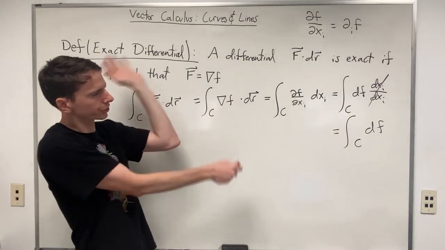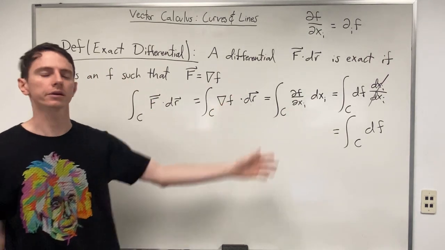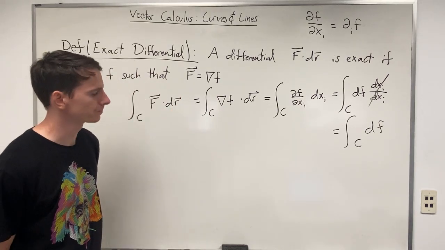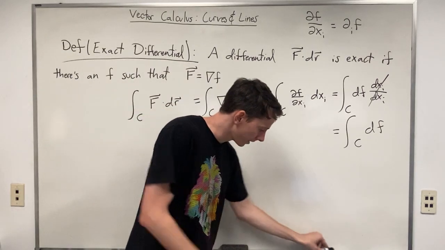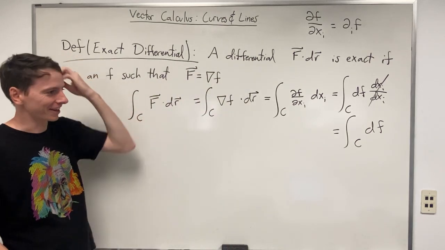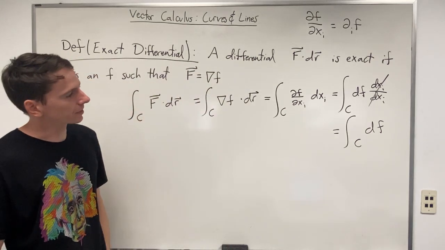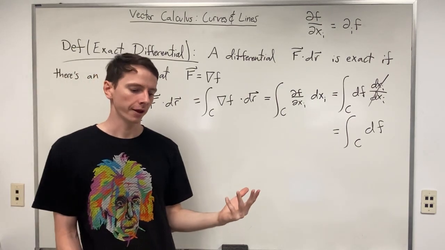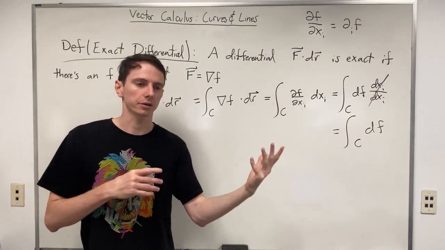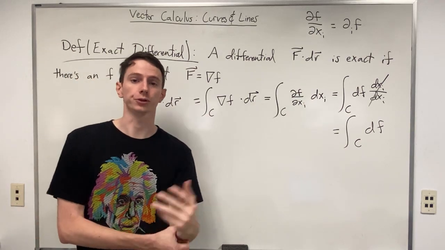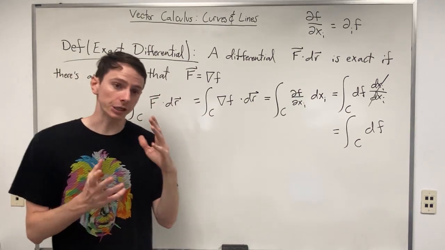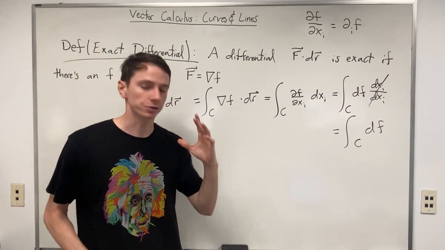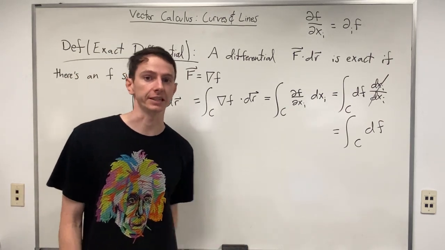Now, you might be saying, okay, sure, we're doing these manipulations, but why do I care, right? Why is this convenient? Why is this useful to me? And it's a good question. The answer is that in some problems, you're going to be given an expression that may not look like you're working with a conservative vector field. It would be the case that you are, but it might be written in a way to try to prevent you from immediately seeing that.